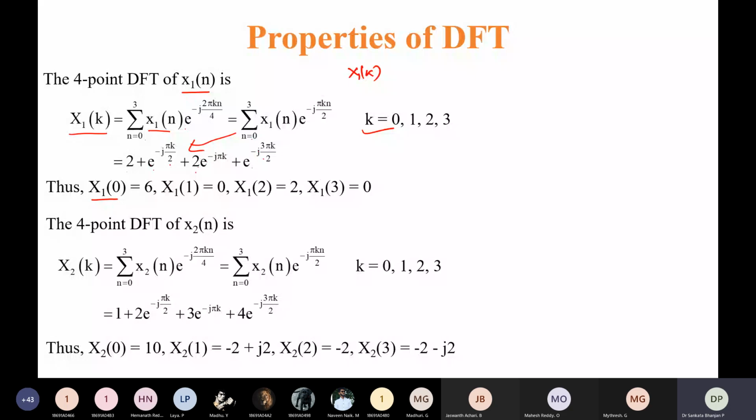Now the next one, x1 of 1. You have to substitute k is equal to 1. When you substitute k is equal to 1, 2 is fixed, no value of k is there. So 2 plus e to the minus j pi by 2. What is the value of e to the minus j pi by 2? Anyone?